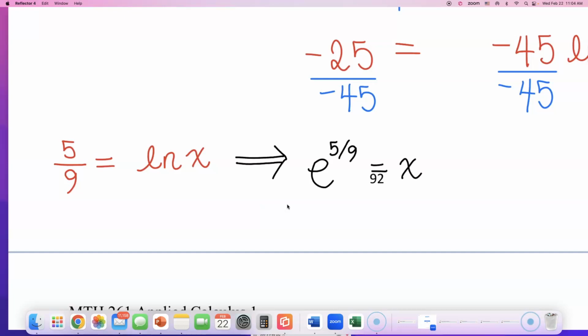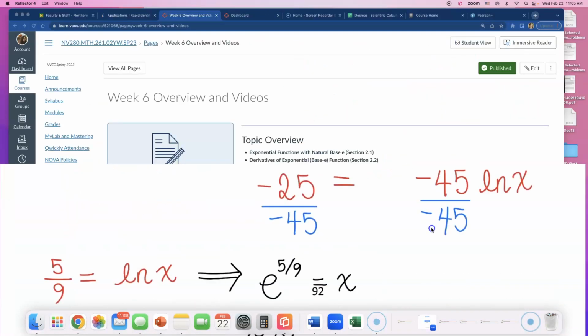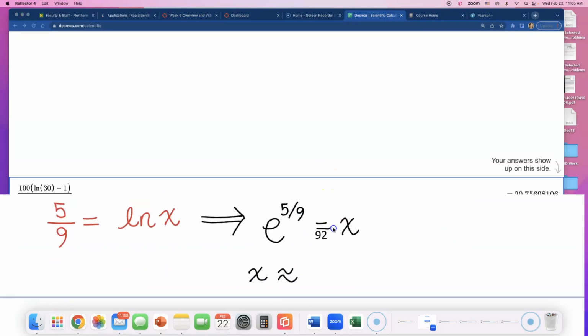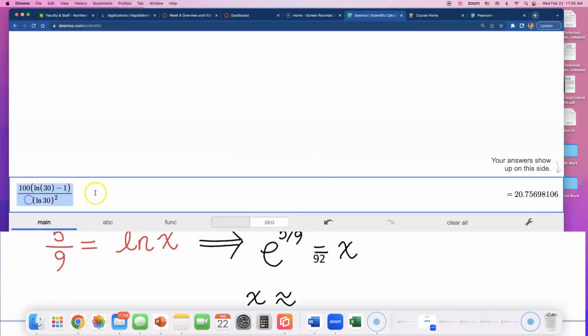So this last step right there was just us rewriting a logarithmic equation into an exponential equation. Okay, so now all we gotta do is type this into the calculator and figure out what x is. Calculator, where are you?